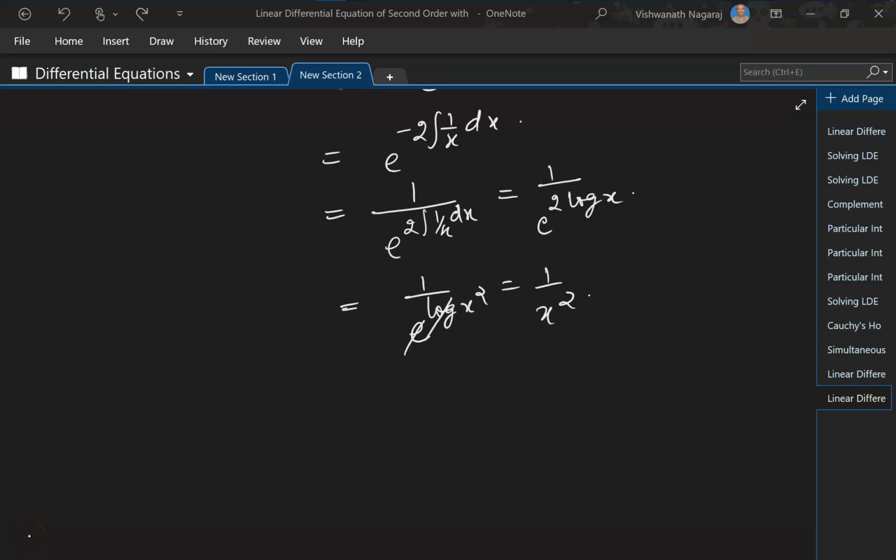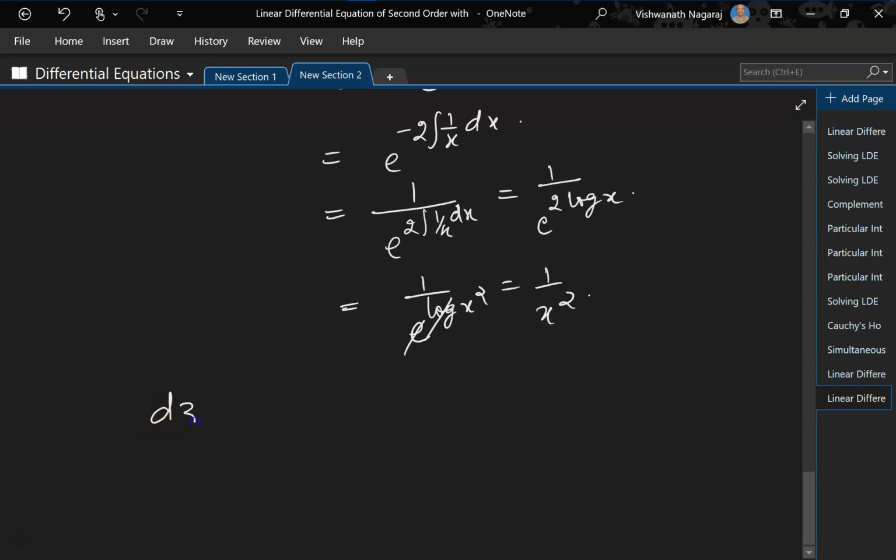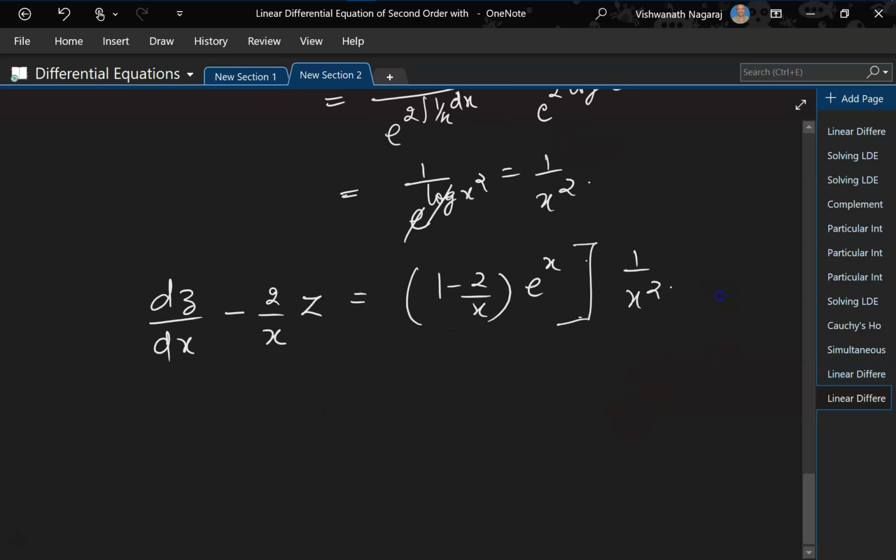So our integrating factor is 1/x². Now let's again bring in the equation dz/dx minus 2/x z is equal to (1 minus 2/x) e to the power of x. Now we have to multiply both the sides by the integrating factor, that is 1/x².